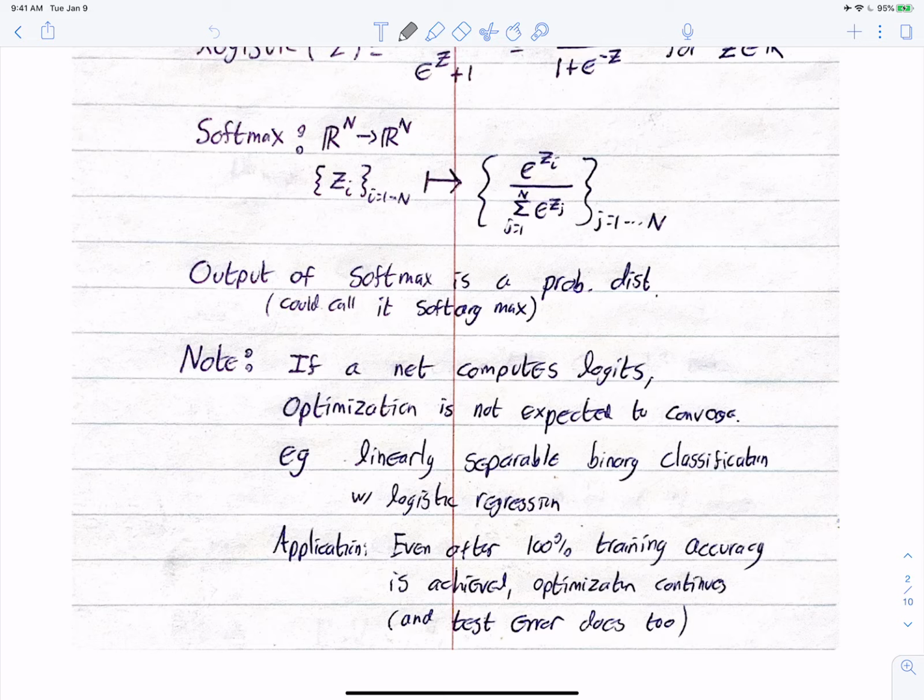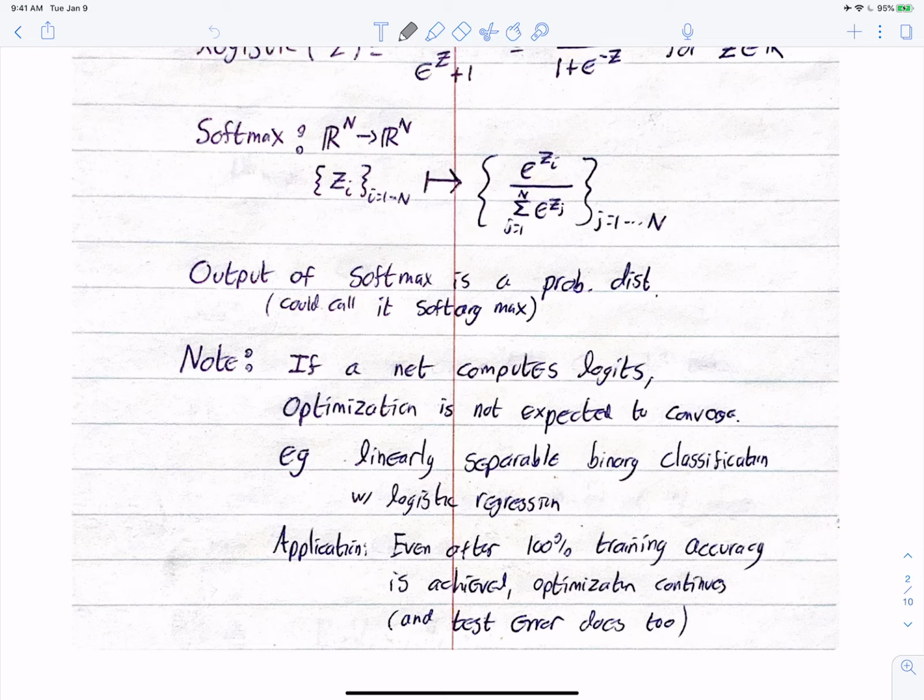For example, if you have linearly separable data corresponding to binary classification, and you want to solve this with logistic regression, then you could separate the data and the magnitude of the logistic variable that you get could actually go off to infinity, and so your optimization is not actually going to converge.